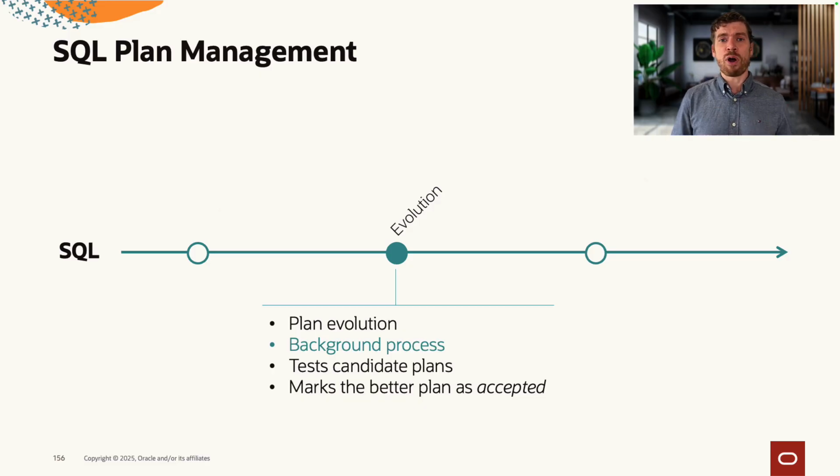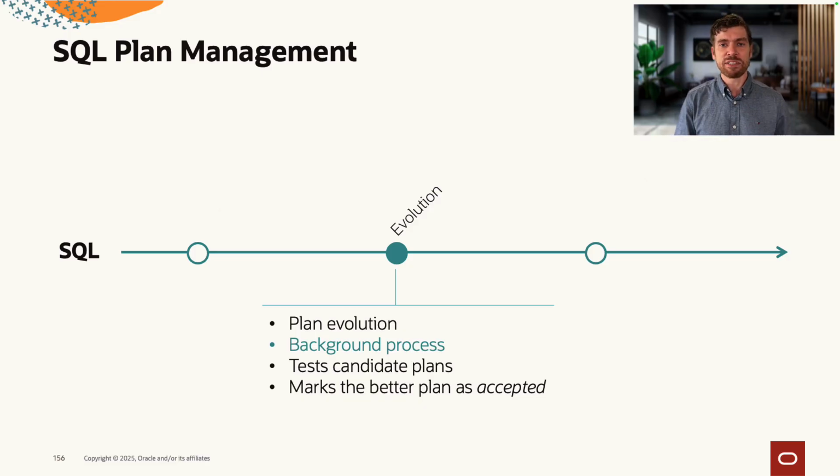This background process is different because it runs every 15 minutes instead of once a day during the maintenance window. So every time you produce a new plan, usually after 15 minutes, this plan will already be evaluated. And in case it has better performance, this plan will be marked as accepted.